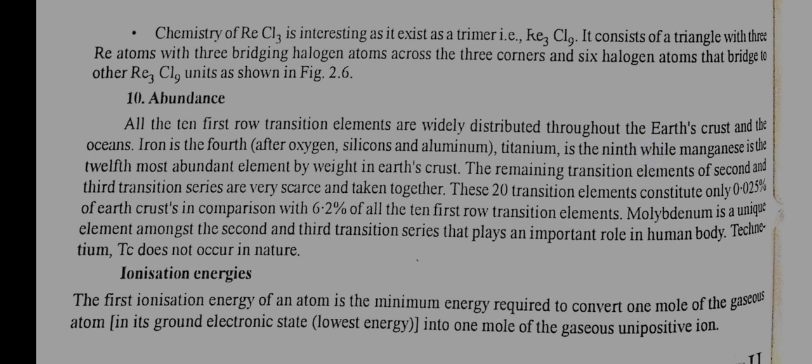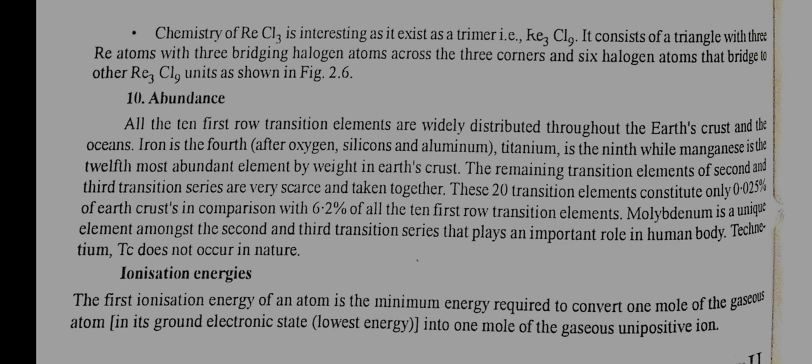Tenth, abundance. All the 10 first row transition elements are widely distributed throughout the Earth's crust and the oceans. Iron is the fourth after oxygen, silicon, and aluminum. Titanium is the ninth, while manganese is the 12th most abundant element by weight in Earth's crust.